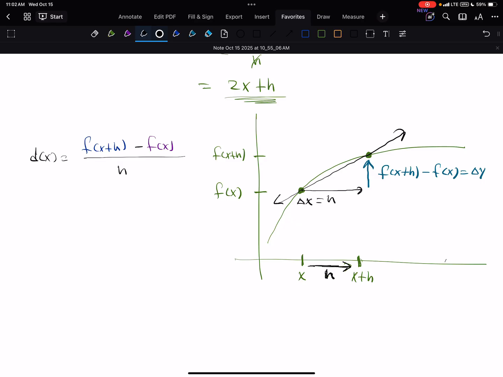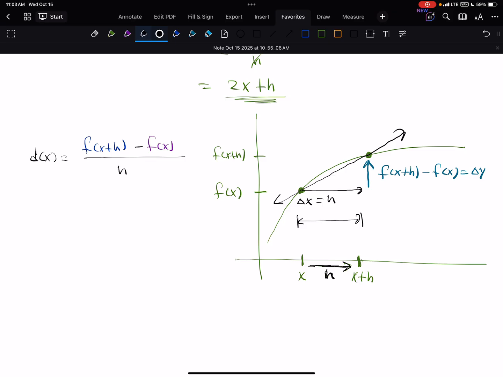What if I could put in an x value here and find out what the rate of change of that function was at that instant, what the instantaneous slope of that function was? Well, that's what we're on our way to figuring out here, because this is an approximation of the slope of that function for some finite distance h, right?